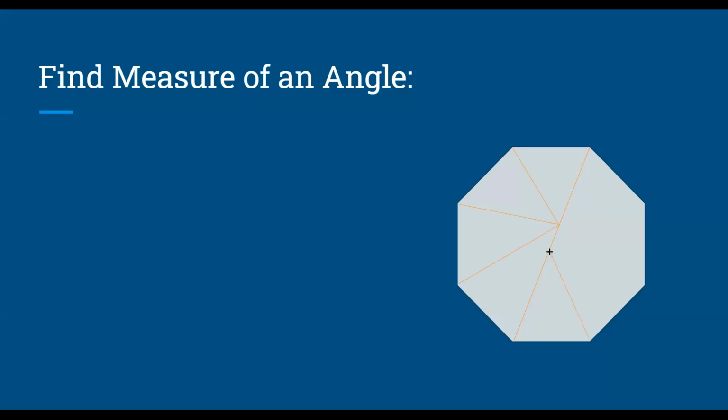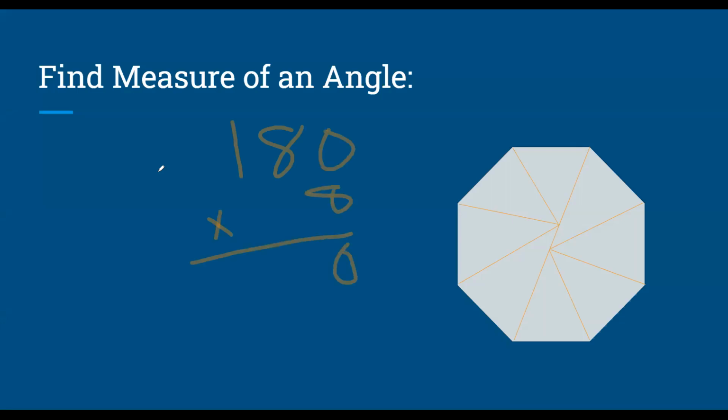We'll connect more in the middle on this one. So hypothetically, you should have 8 triangles. So if I have 8 triangles and each one adds up to 180 degrees, I would then have 180 times 8.